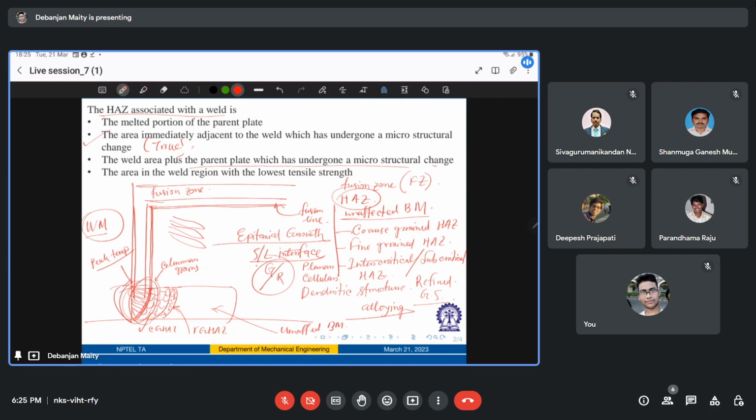But in heat affected zone there should not be any kind of melting, but because of some effect of temperature and those things, you are having those recrystallization and grain growth mechanisms happening, and without melting, the microstructural changes are happening, and whatever mechanical properties are there.